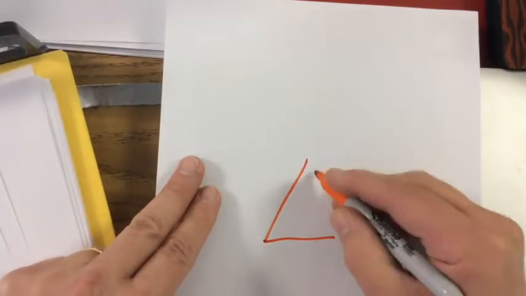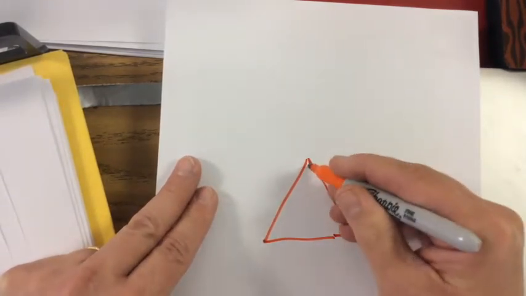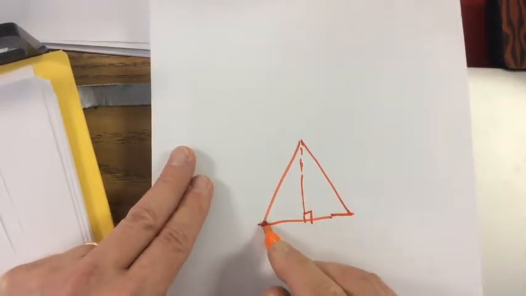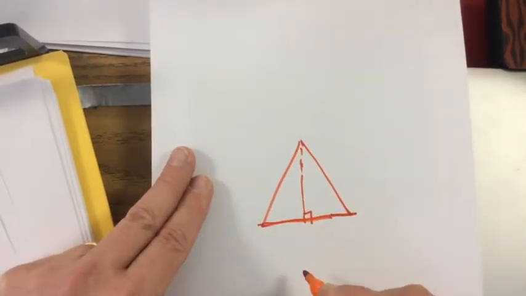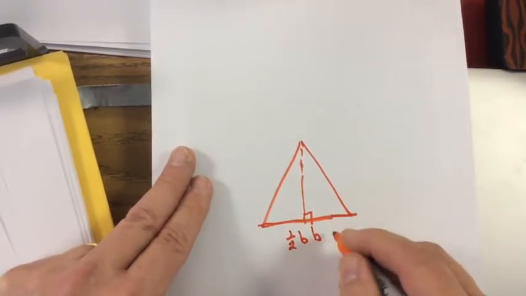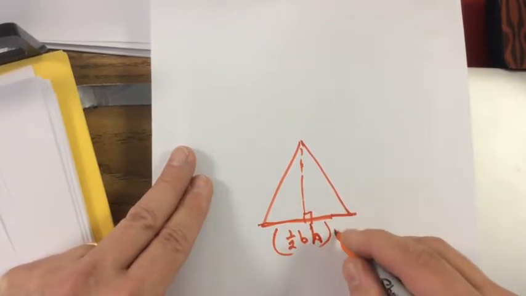If you are given the apothem, it means you're given this number right here, right? The height. Well, if you also know what this number is, then it's 1/2 the base times the height, times the number of sides.